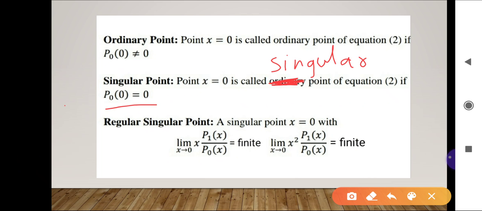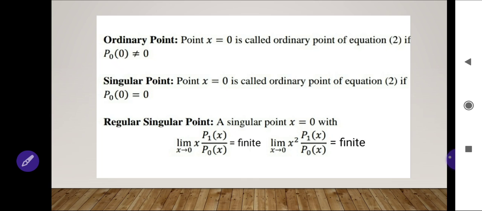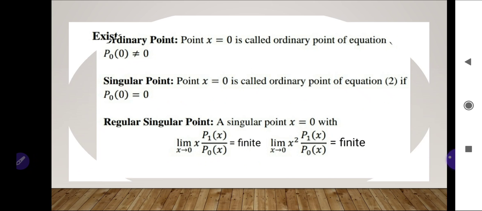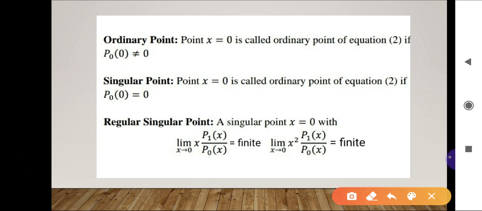That means if this denominator becomes 0 at x equal to 0, then x equal to 0 is called a singular point. Now if x equal to 0 is a singular point, we can check whether this is a regular singular point or not.